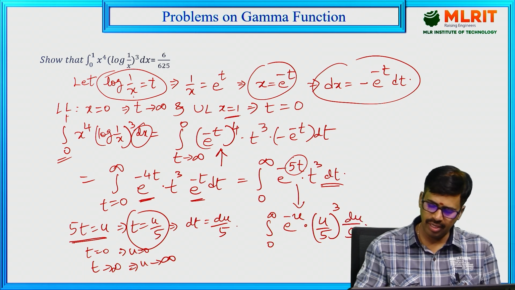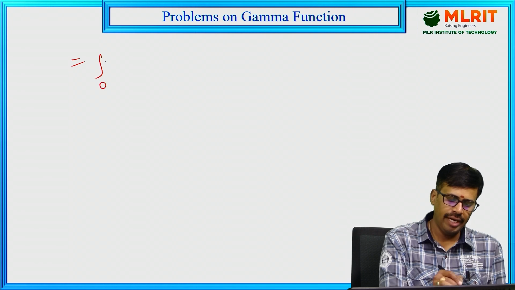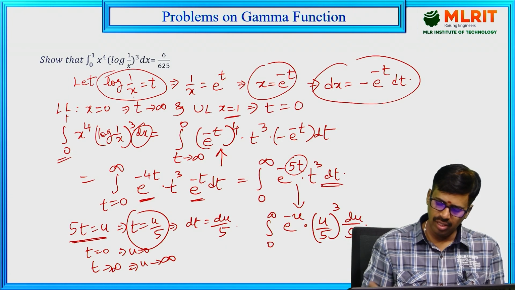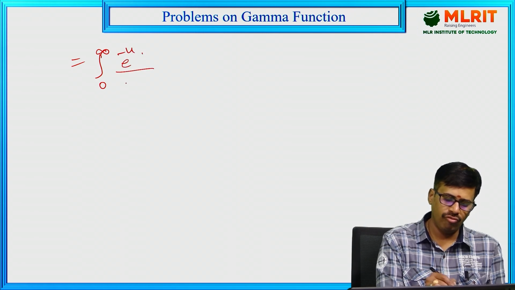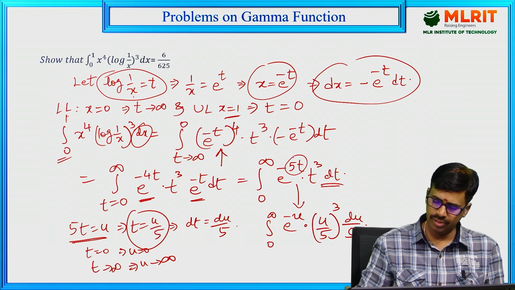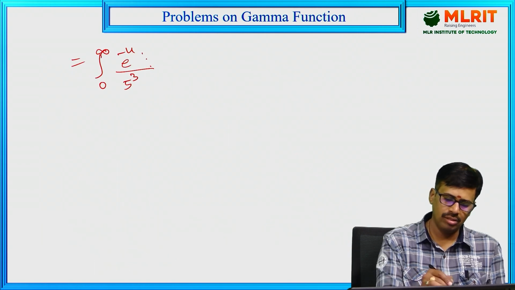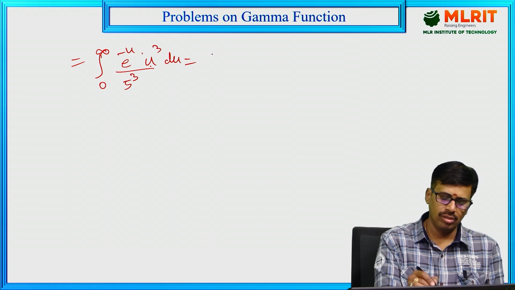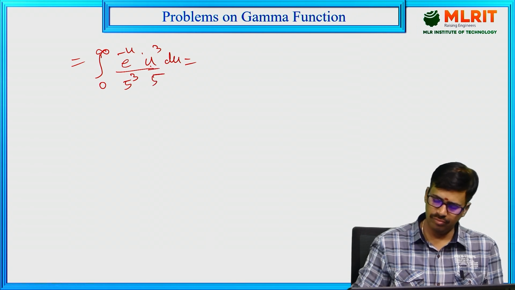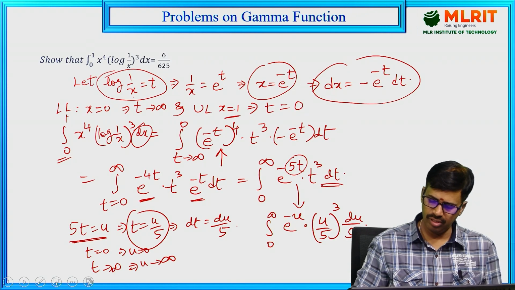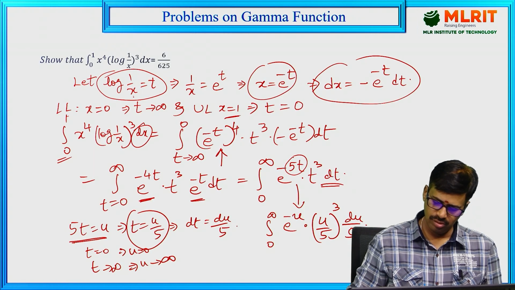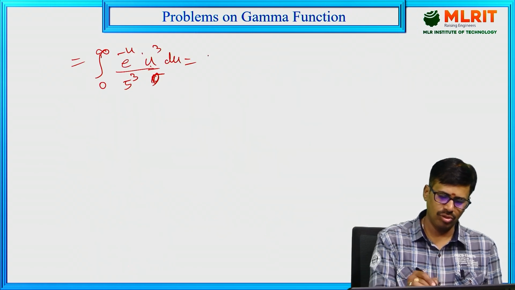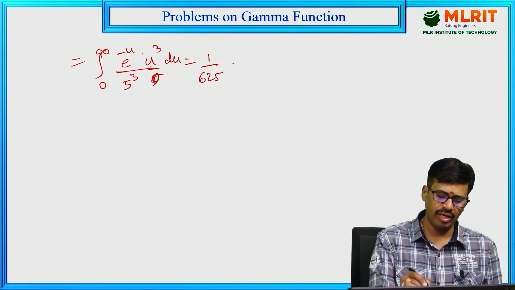So this can be written as the integral from 0 to infinity of e power minus u, u power 3 by 5 power 3, du by 5. 5 power 4 is 625, write it outside.